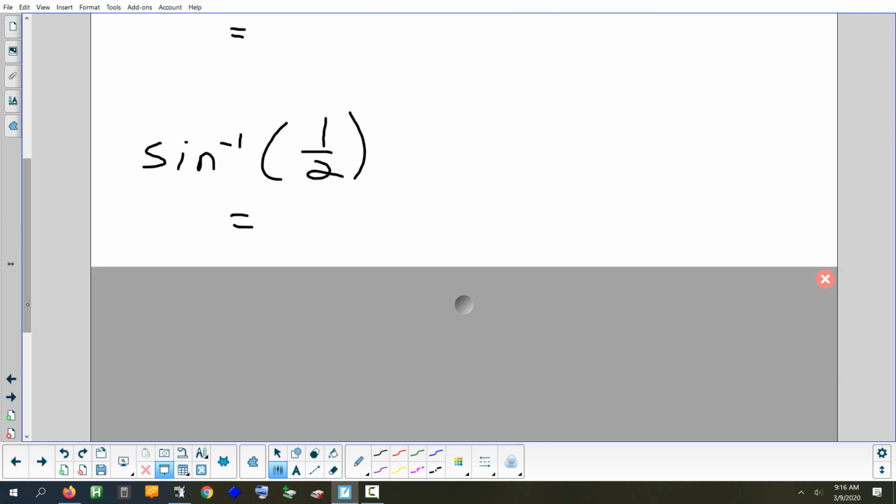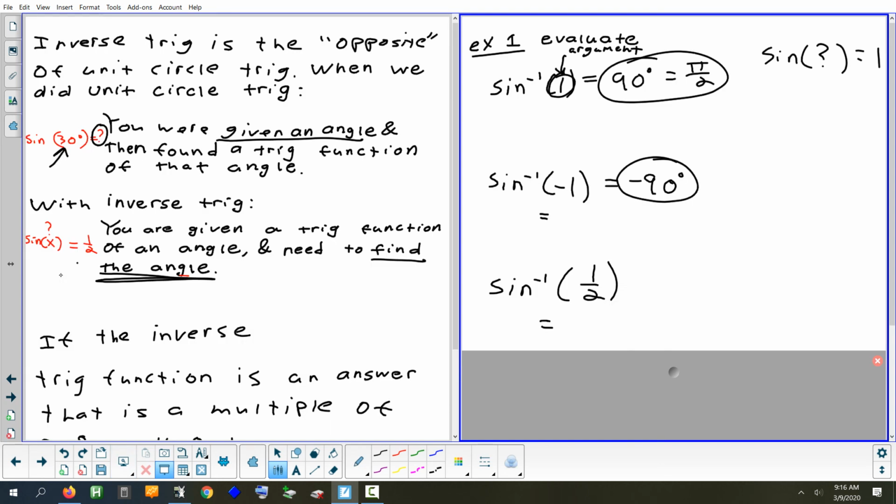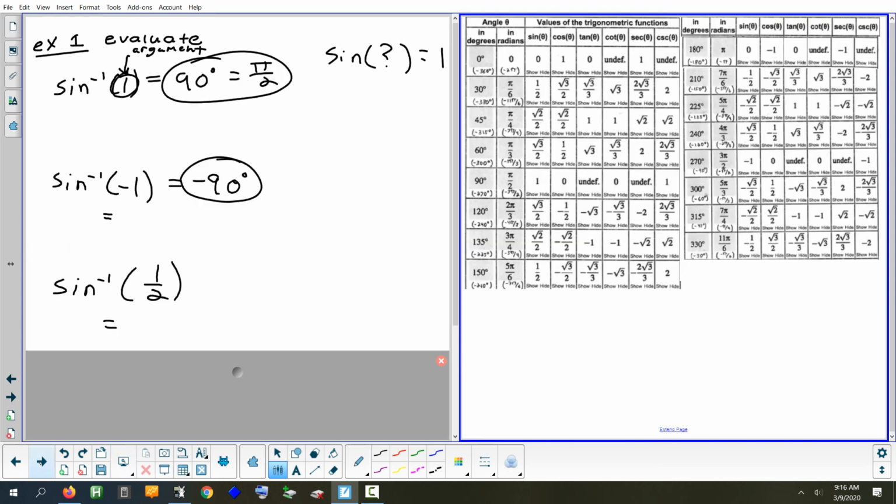Okay, let's try this one. Inverse sine of 1/2. So just for people that are watching the video, that's the chart we're looking at. We're going to go down the sine column till we find a 1/2. And then we're going to read off the angle.